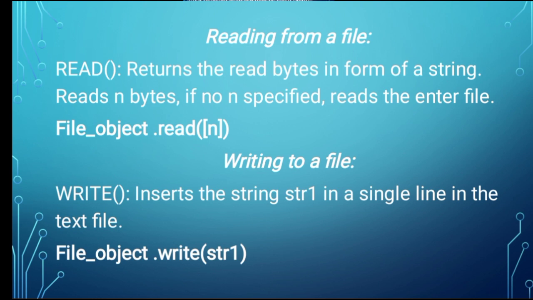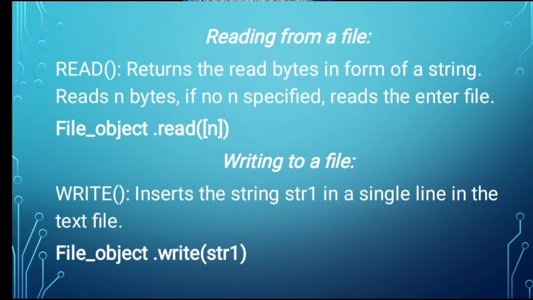The second one is reading the file. Once the file is open, you can read its contents. There are different methods for reading a file depending on the programming language or the level of control you need. Here are two common approaches: line by line reading and reading the entire file.